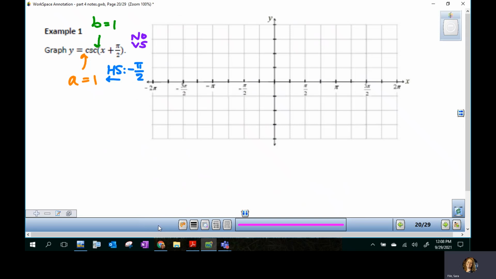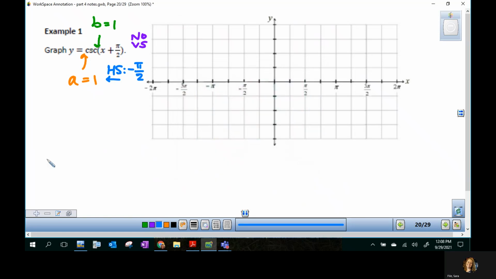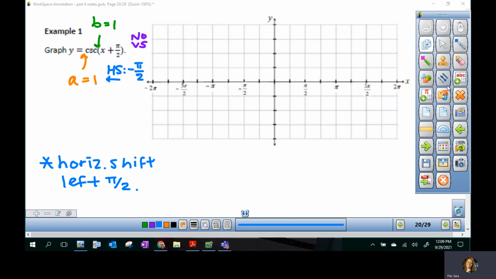Okay, so I'm going to write out that description, because sometimes you may be asked to just describe the transformation. So I would say this is a horizontal shift left pi halves. So the cosecant parent function, don't draw this quite yet because I'm going to move it. The cosecant, that's the reciprocal of sine, which sine starts at 0.